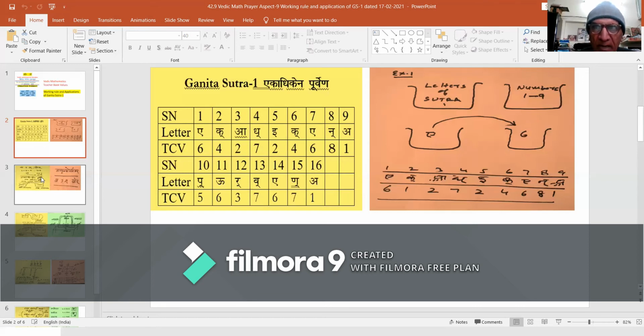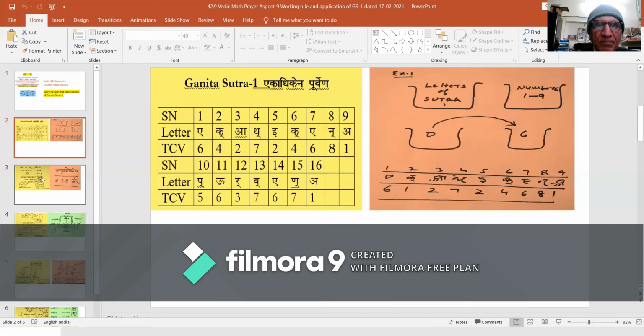Ganita Sutra 1, as per its working rule, is helping us have one-to-one correspondence between the letters of the text of Ganita Sutra 1 with the number values of the corresponding letters.